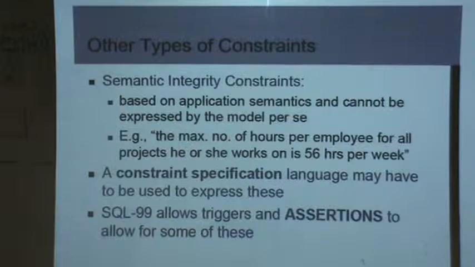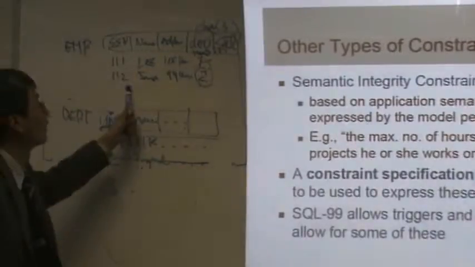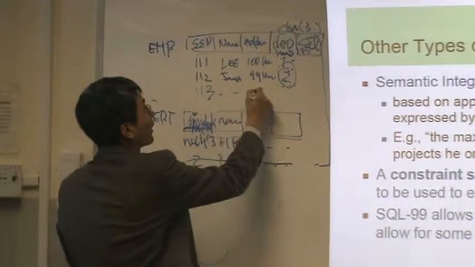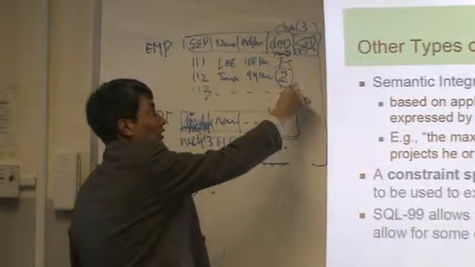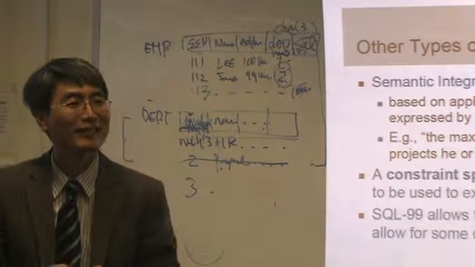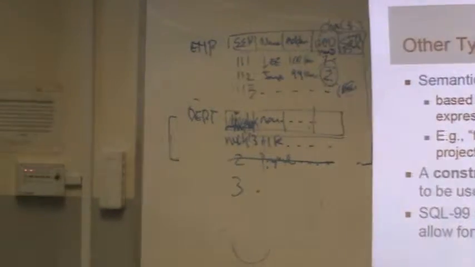For example, if you insert a new employee, 113, with a name, and salary is 500,000, a million, it's higher than mine. So there is a separate process, actually not a process.